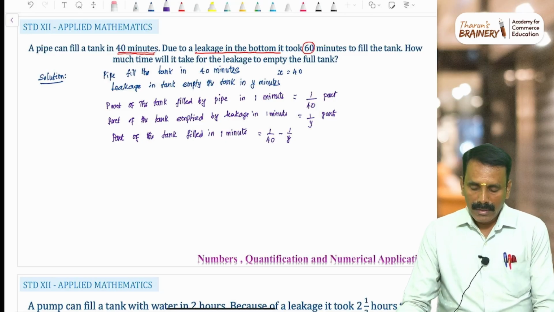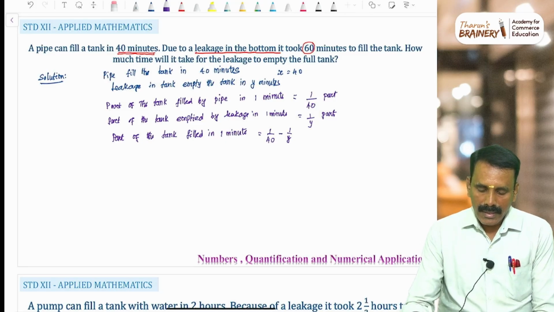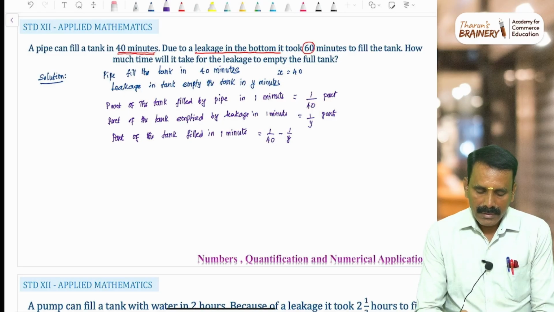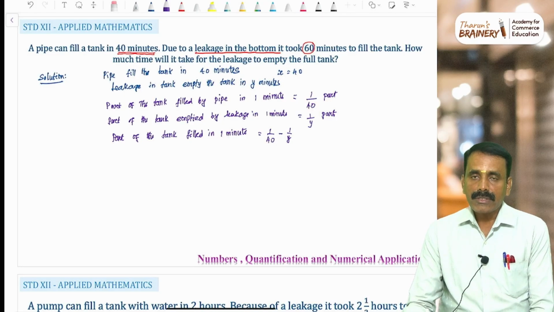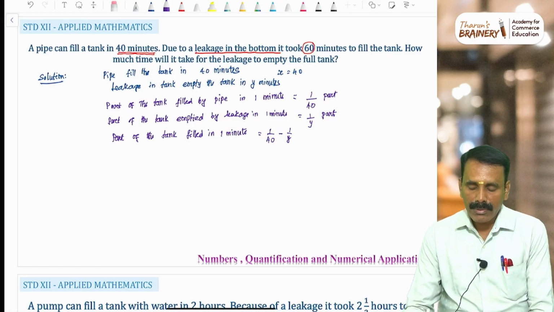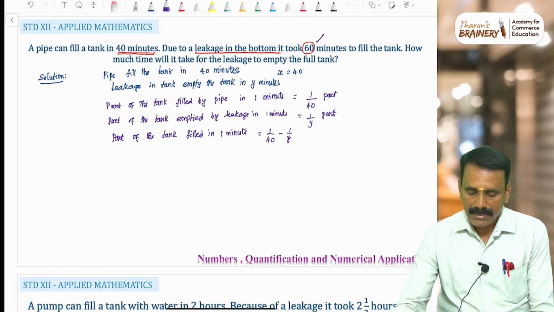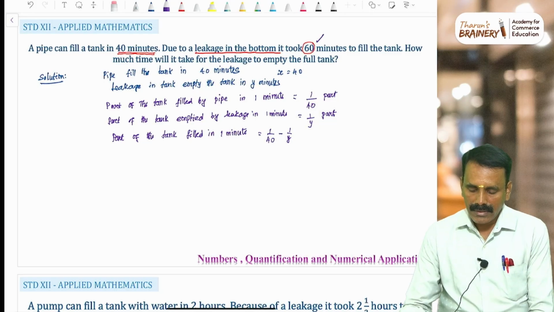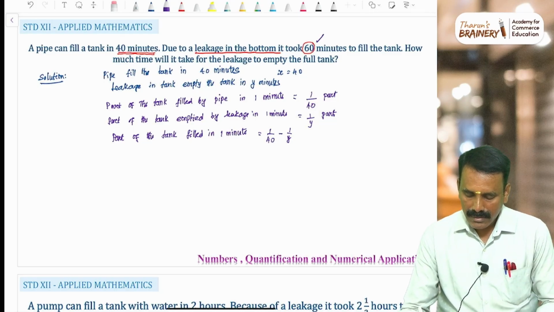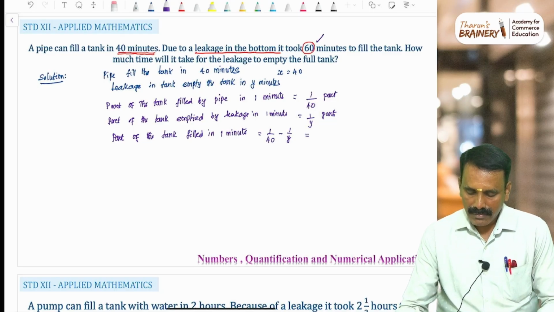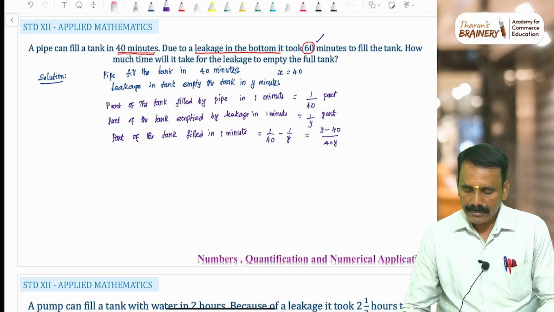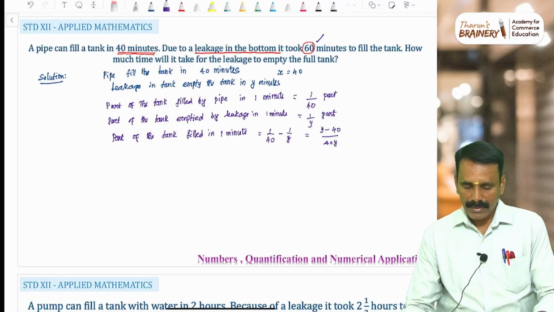Now in the question they have given that with the pipe as well as leakage, the tank is going to be filled in 60 minutes. Is it clear? So we try to simplify this. When you take LCM, the LCM will be 40y, and this one will be y minus 40. Is it clear?